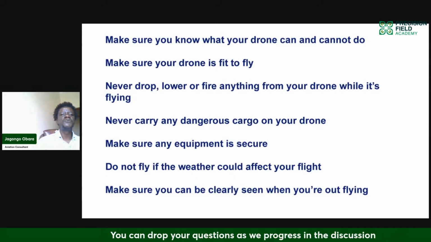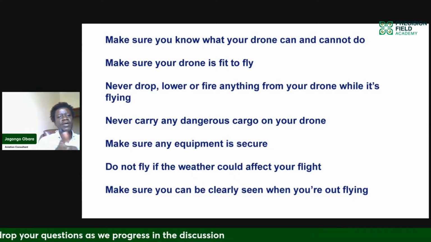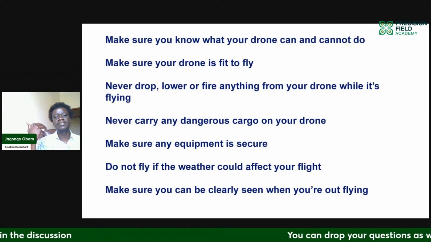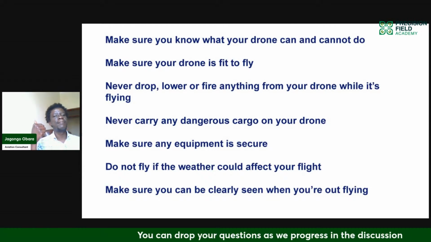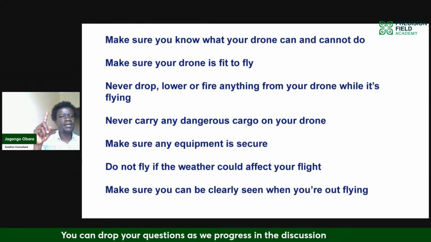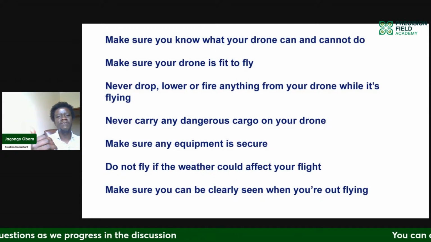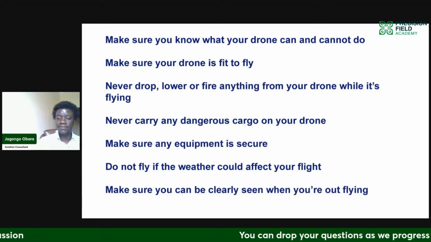And also, number two, make sure that your drone is fit to fly. Do not fly an aircraft which is faulty, which has outdated software, which probably has a broken propeller or a broken landing gear, or the antenna is cracked. Just make sure your drone is fit to fly. And fit to fly means your drone is airworthy. And everything in aviation has to be airworthy.